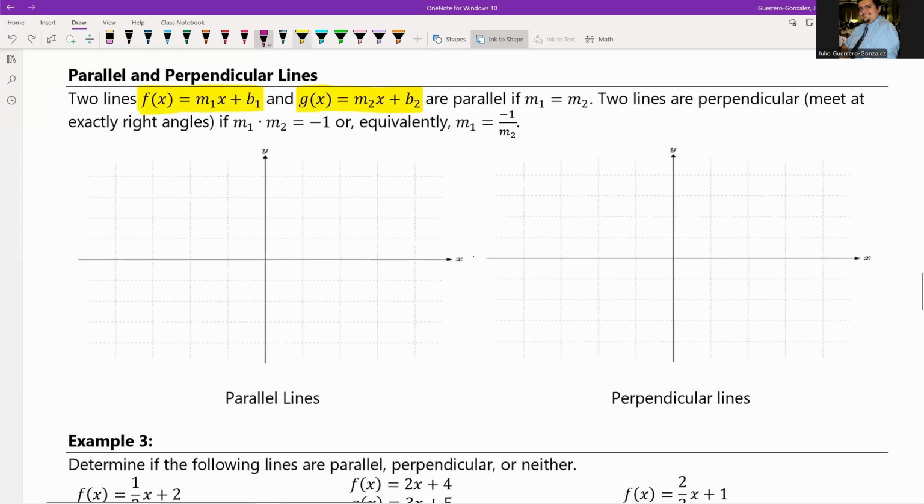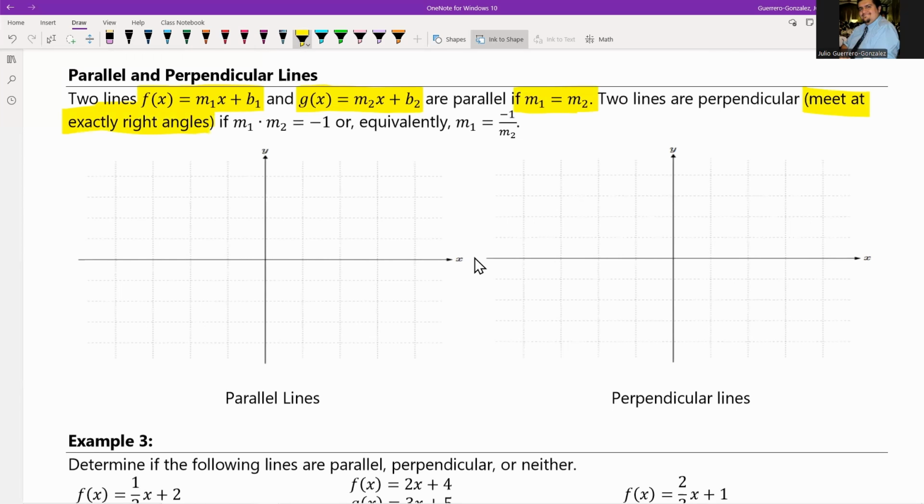They are parallel if the slopes are equal. Okay? Two lines are perpendicular. The definition behind perpendicular is that they meet at right angles. They are perpendicular if, when you multiply the two slopes, you get -1.